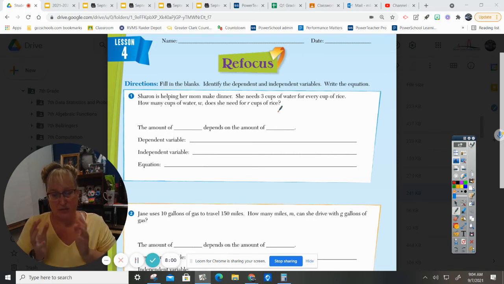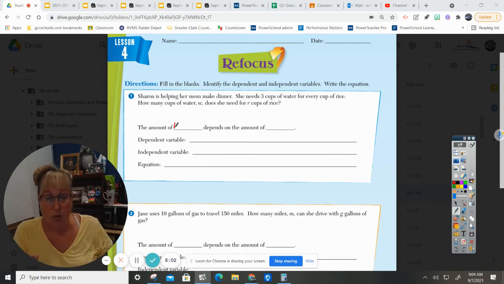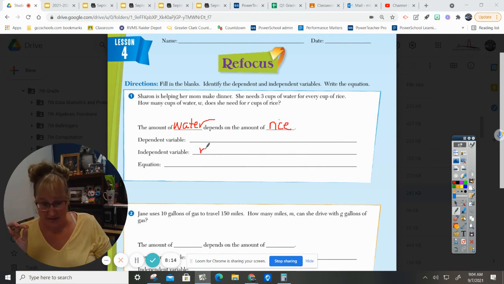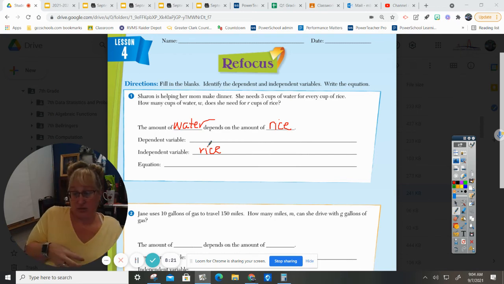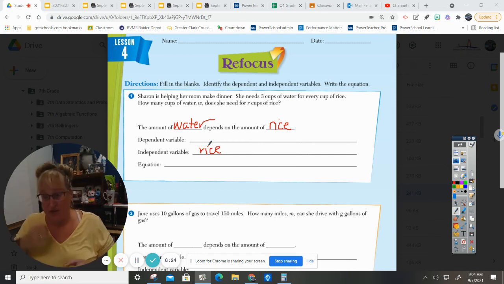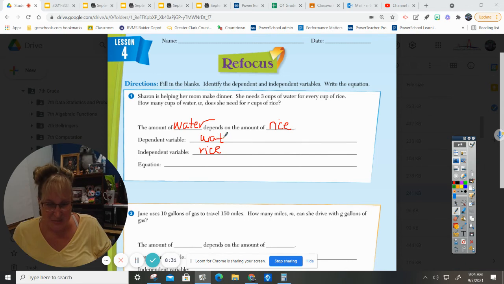That seems backwards, but the amount of water depends on the amount of rice. So the one that is independent is rice, because that one is the one that basically you get to choose. You have to make the choice on how much rice to make, then that determines how much water you need. It seems a little strange, I know, but it is what it is.